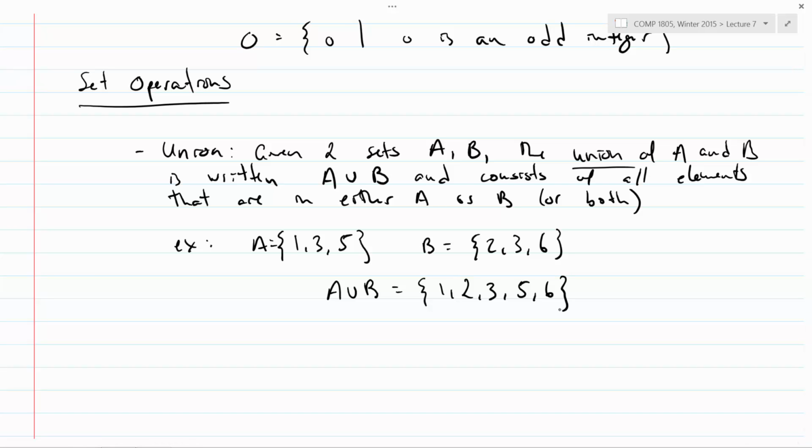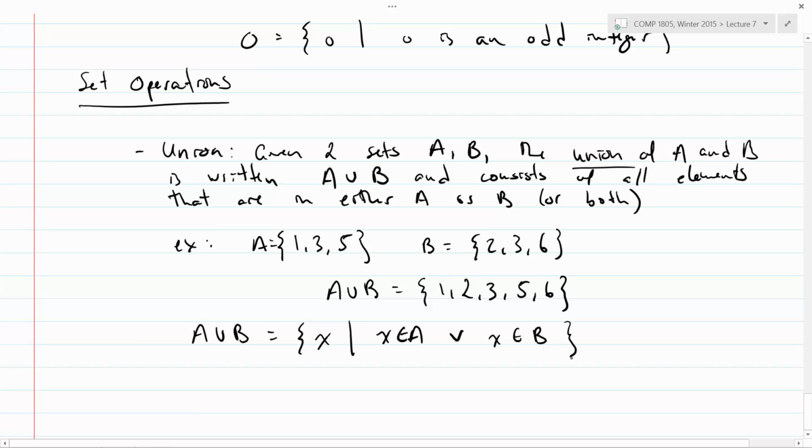All right, so if we wanted to write this using set builder notation, we could say that A union B is equal to all x such that x is in A or x is in B. And it's not a coincidence that the symbol for union is very, very similar to the symbol for disjunction.